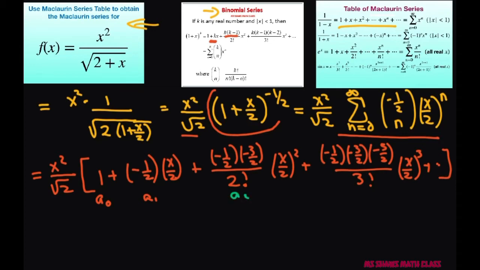Now what I'm going to do is distribute this here, and we're going to get x squared divided by square root of 2, plus, and now we're going to start here.